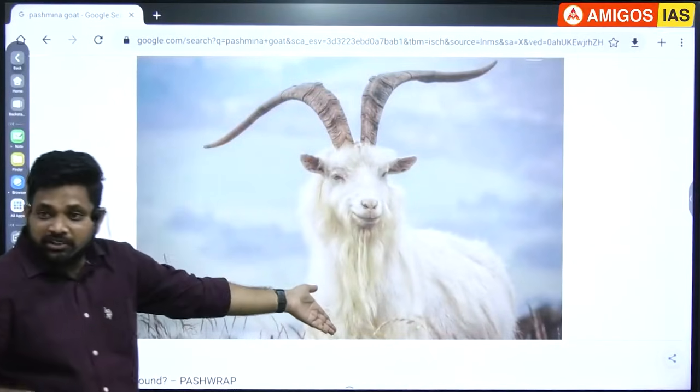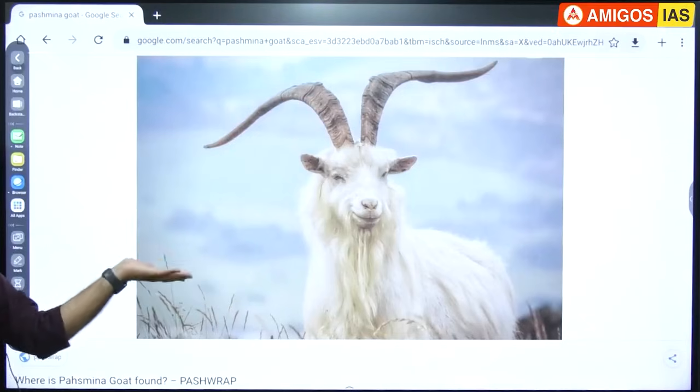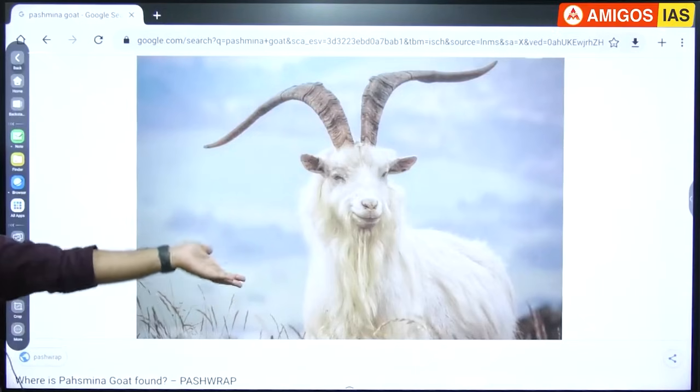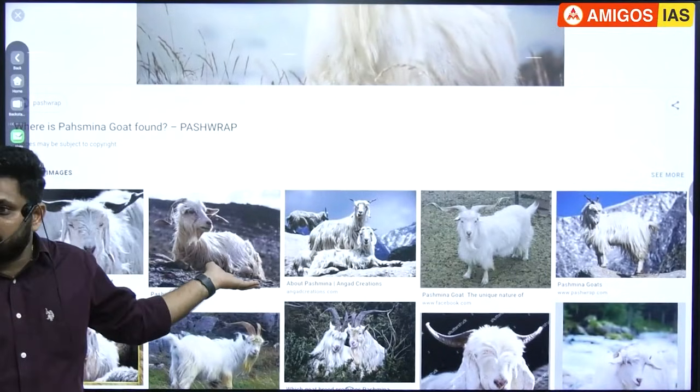See the goat, it has the wool. These people trim that particular wool. The wool is converted into small threads. From that particular small threads, what are these people extracting? See the wool, how much it has.